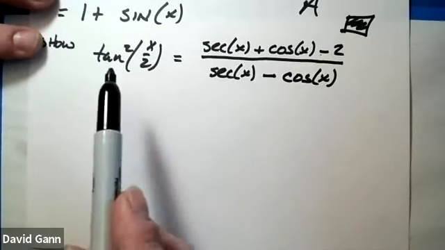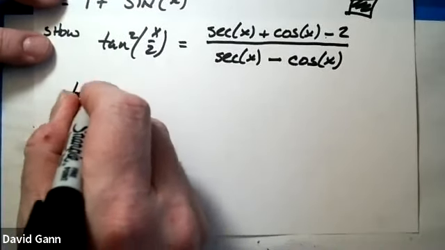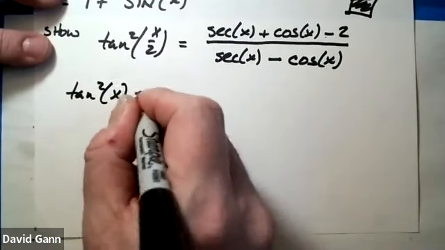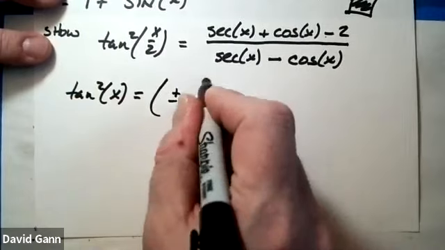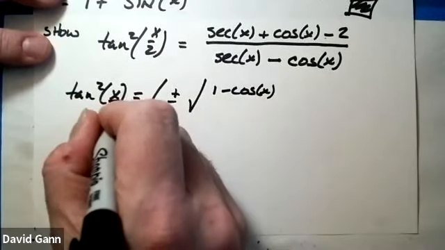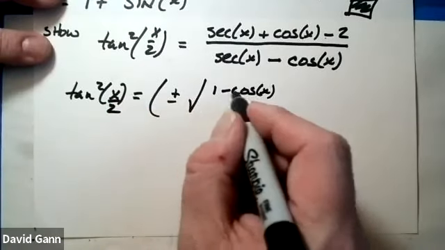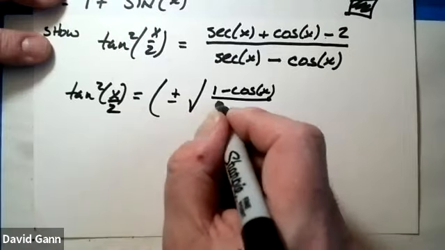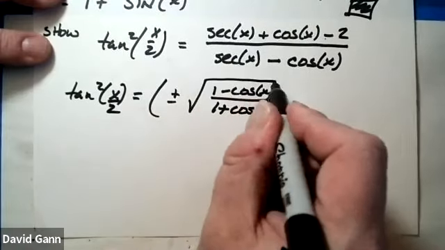So let me just start on the left. And so tangent squared of x over 2 is equal to quantity squared plus or minus the square root of 1 minus cosine of x over 1 plus cosine of x. That's the first version.